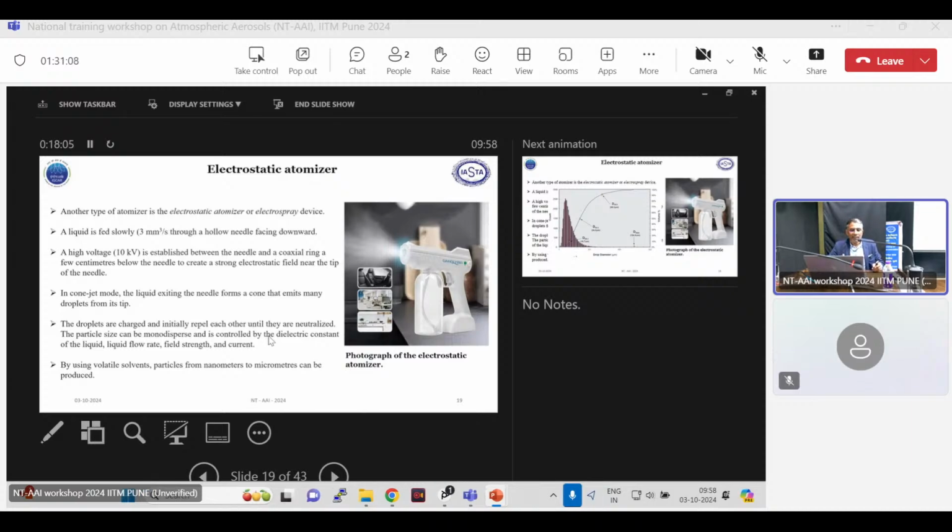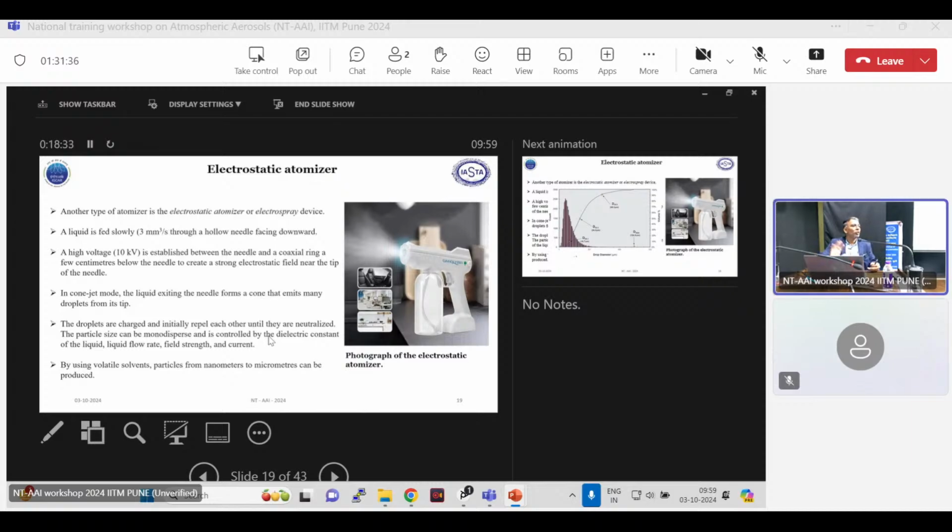And now in agriculture, to put pesticide on a large area of agricultural land, this type of atomizer is used, because when you spray from the top with a conventional atomizer, it may not go to the bottom side of any surface, but this will deposit even on the bottom side of the leaf or fruit.